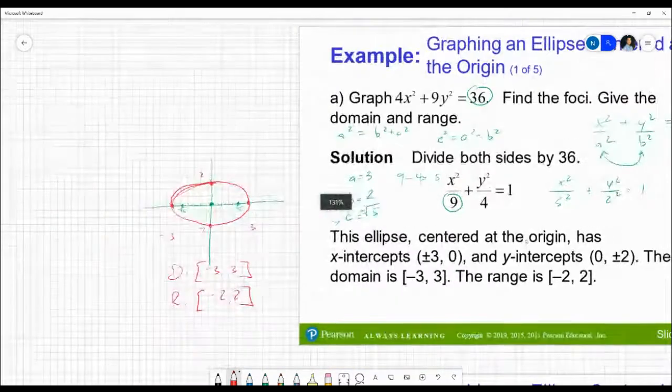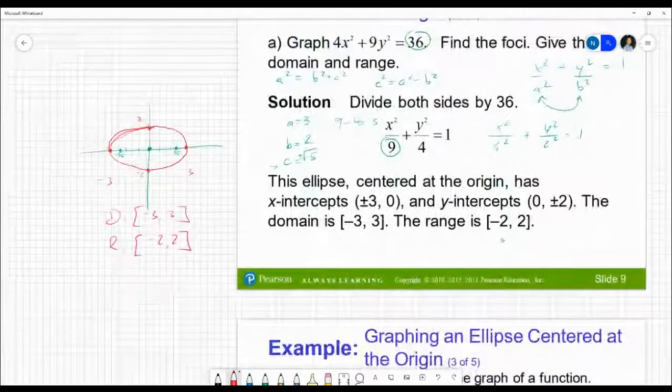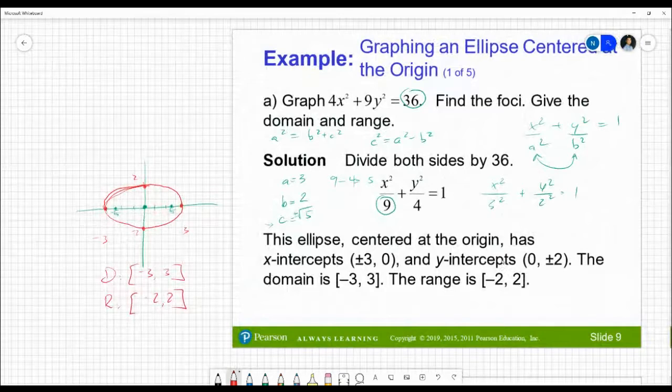To summarize: we look at the original equation, 4x squared plus 9y squared equals 36. We isolated it so that it's 1 on the other side, and then we put the denominators in the form of squares. So it's x squared over 3 squared, y squared over 2 squared.